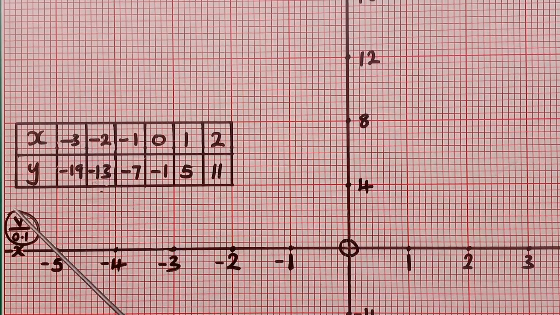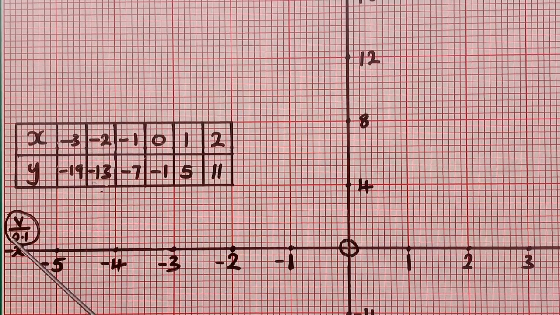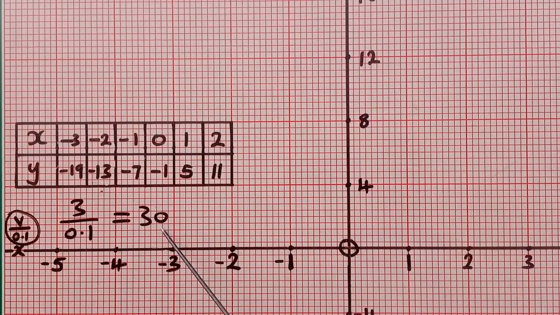If I place minus 3 here, or just place 3, don't forget that we are dealing with magnitudes here. That means I'll just place this 3 here and say 3 over 0.1. Let us see what it's going to be. 3 over 0.1 is equal to 30. 3 came from here to replace this v. 0.1 is still where it is.